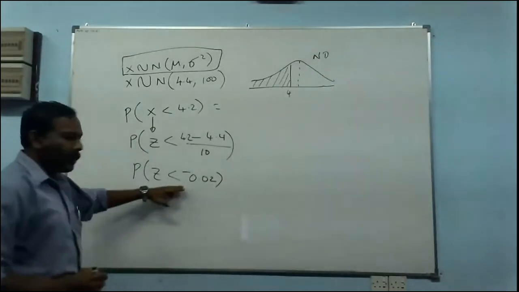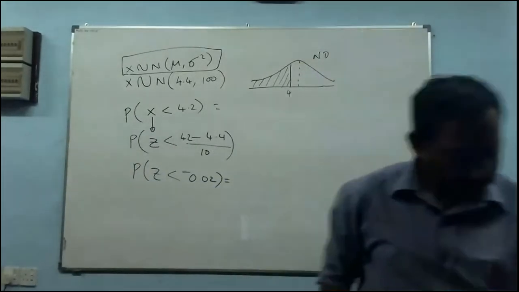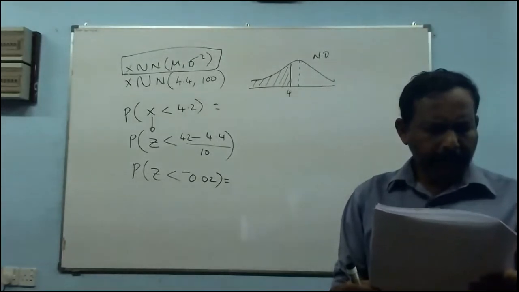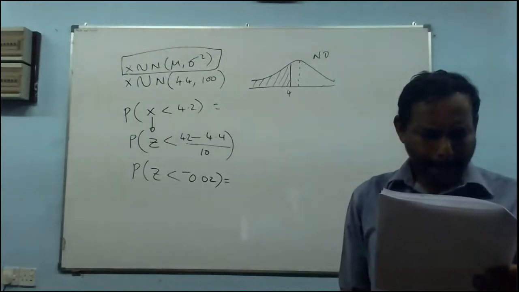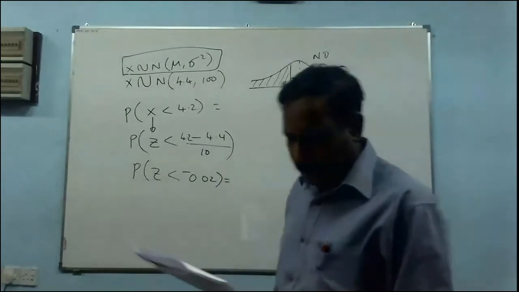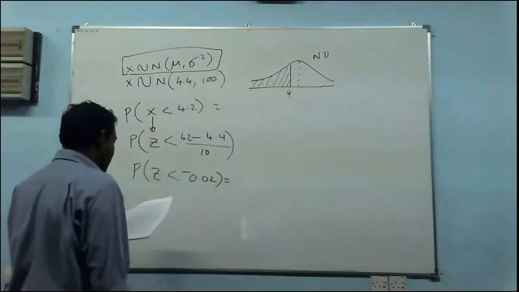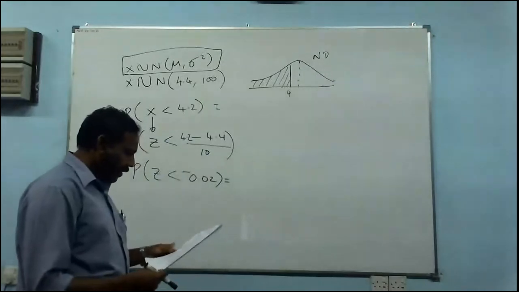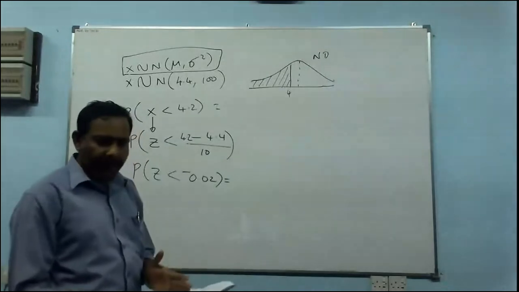Right. Now look at the probability value. What is the probability value directly? Anyone? Any probability, any value? You get the Z value directly here?